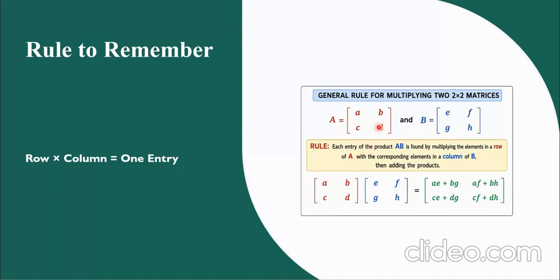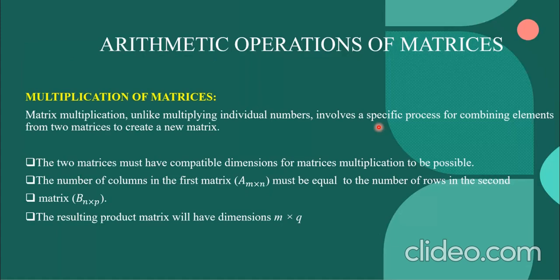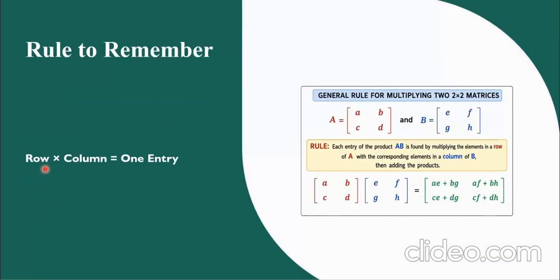So know the condition: the number of columns in the first matrix must be equal to the number of rows in the second matrix. This rule: we multiply row by column to get one entry.